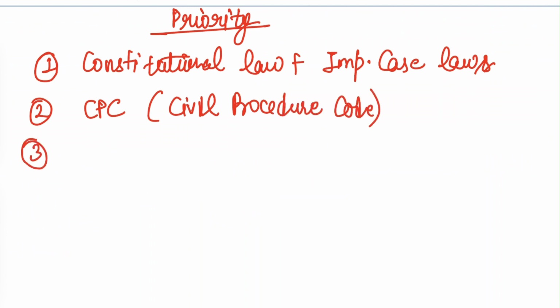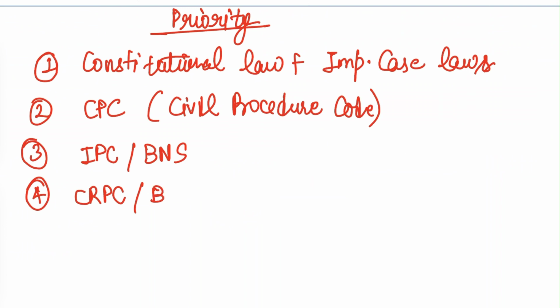Third is your IPC and the new criminal act, that is your BNS. Fourth subject you are going to attempt is your CRPC, so CRPC and your BNSS, Bharatiya Nagarik Suraksha Sanhita.